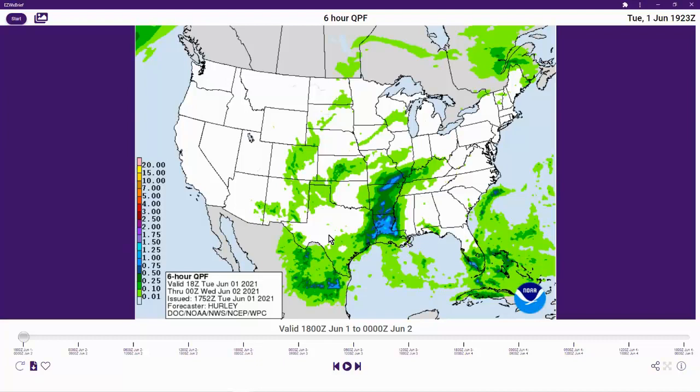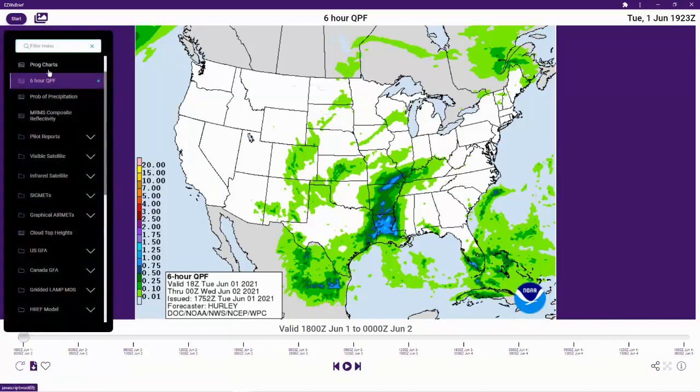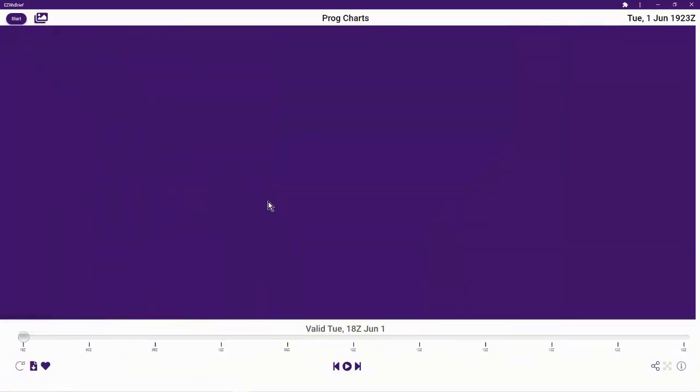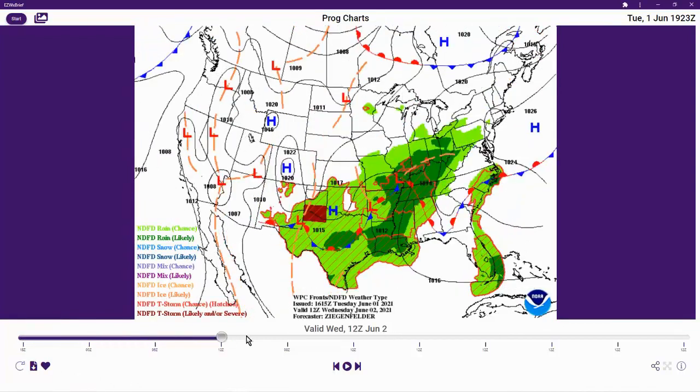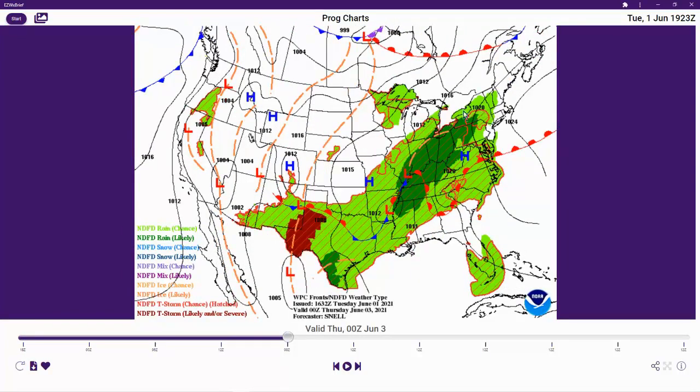Because when you look at the Prog charts, especially during the summertime, you'll notice they tend to sometimes have these really big, wide sweeping areas of precipitation. Again, we may find that we can fly through these lighter green areas with little or no trouble, or maybe we have to divert around some cells here and there.